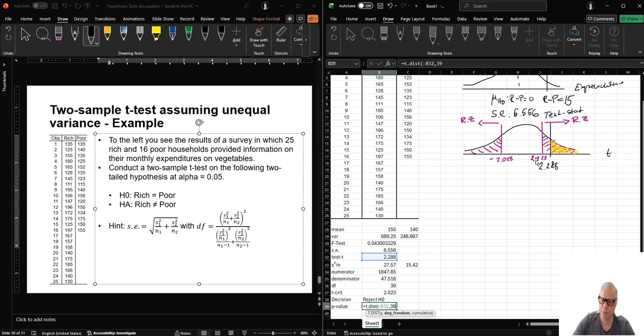Degrees of freedom 39, and we want it cumulatively, yes, which is a 1, and then don't forget to multiply times 2. What we should see at this point, before I press enter, is a value which is less than 5%. Well, it is 2.7%.